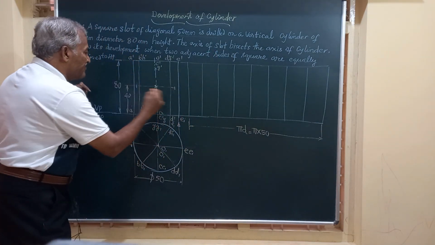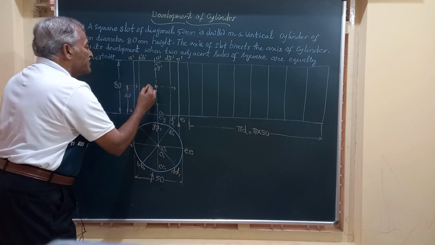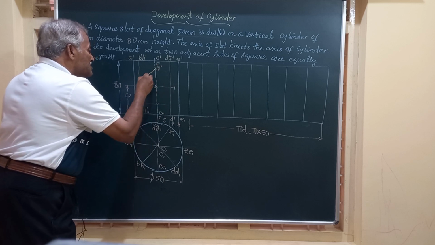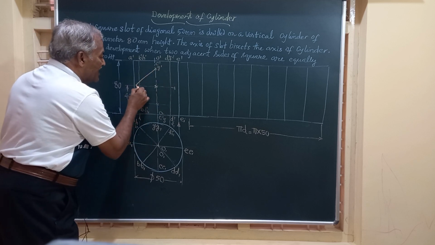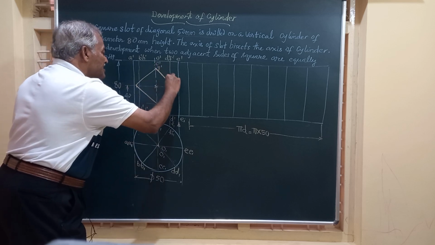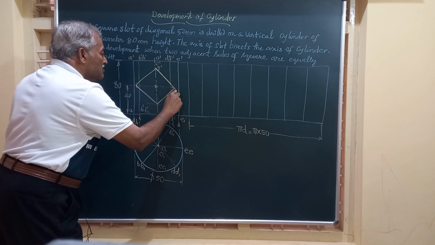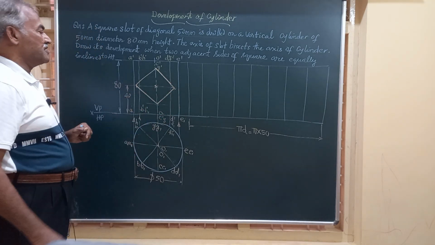So from here to here it is 50, and again from here to here it is 50. So I am going to mark and draw the square slot cut perpendicular to the plane of the board.